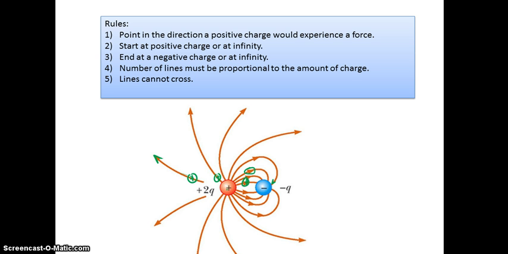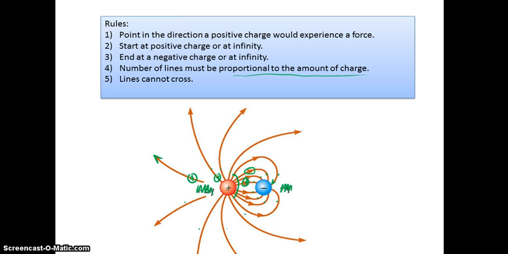Now, here's another one. The number of lines must be proportional to the amount of the charge. If we didn't know the charges on here, we could see, well, how many lines do I have coming out of my negative? 1, 2, 3, 4, 5, 6, 7, 8. Okay, my positive, I would have those 8, plus 1, 2, 3, 4, 5, 6, 7, 8.